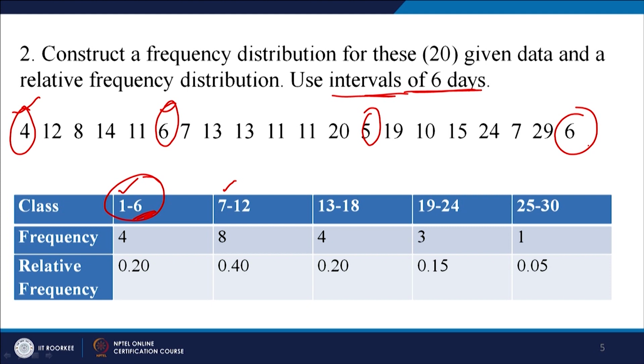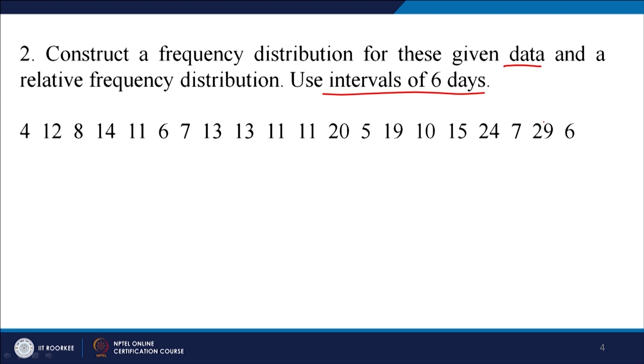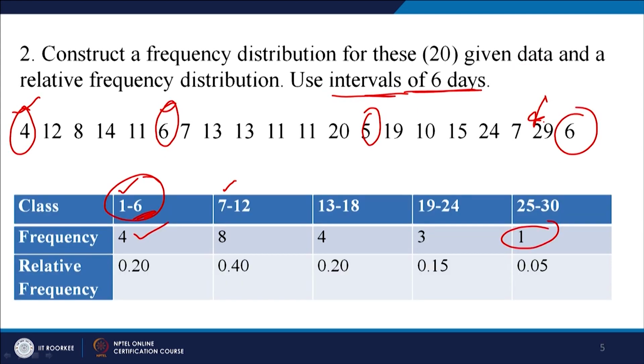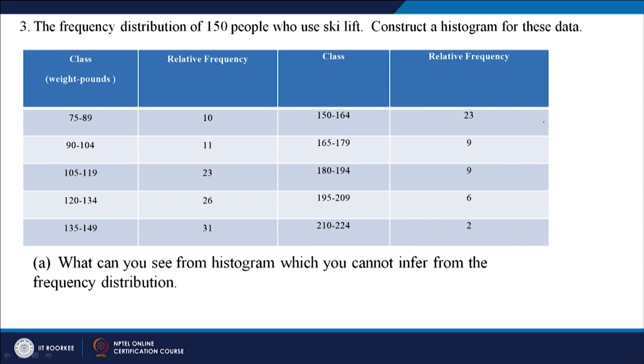So, this is 4, the frequency is 4. Between 25 and 30 there has to be 1, let us look at where it is. Yes, this is the one, 29, and so on. So, relative frequency you can easily calculate. So, this is the answer to this question, because there was not much to be calculated. We will move on to the next example.